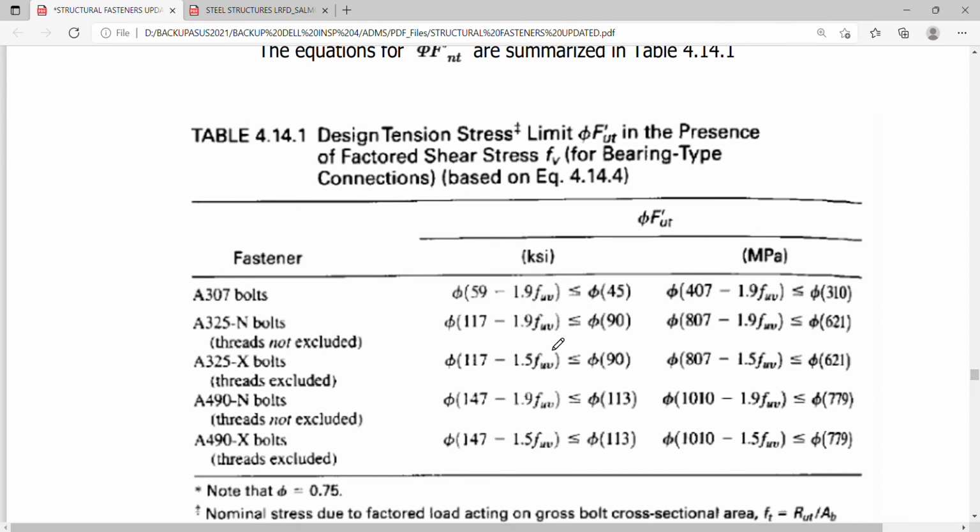So this is for threads excluded, and for threads included.